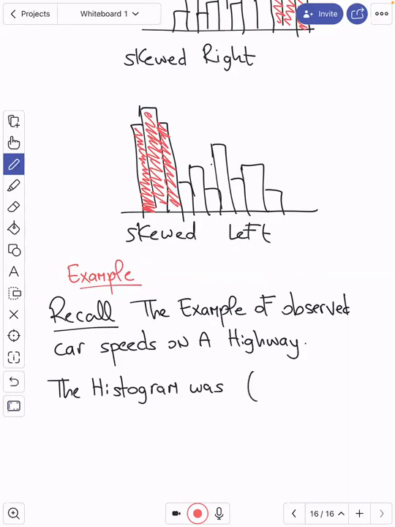You can find this example in your notes from last week.